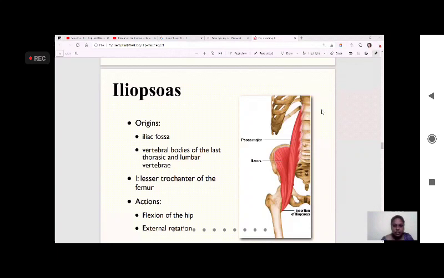Psoas major originates from the lumbar vertebra, and the iliacus originates from the iliac fossa. Both combined get inserted into the lesser trochanter of the femur. Most people have tightness of this iliopsoas, and it helps in the flexion of the hip.